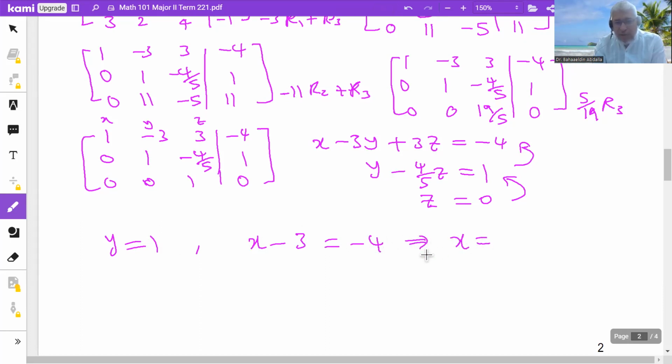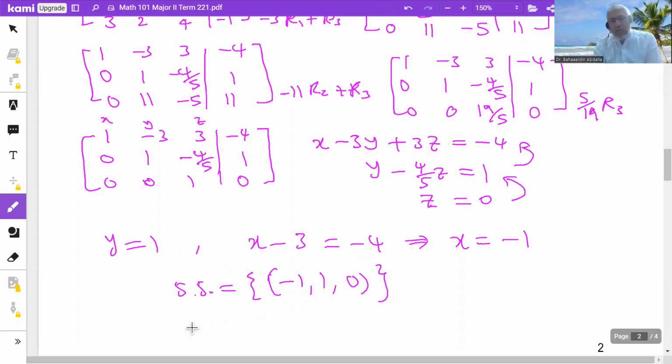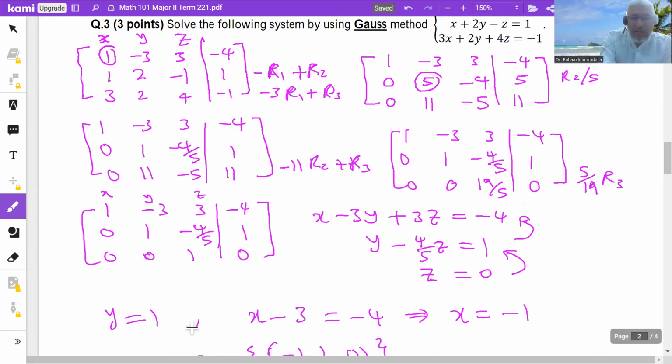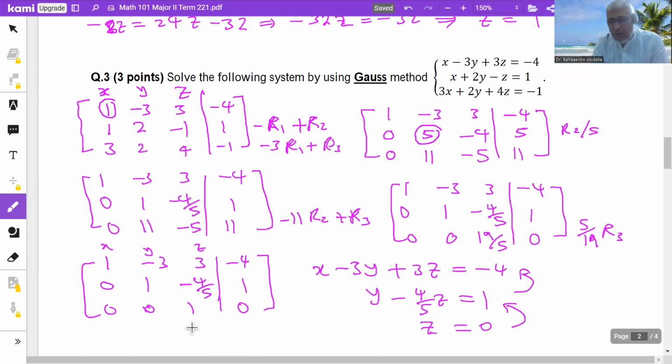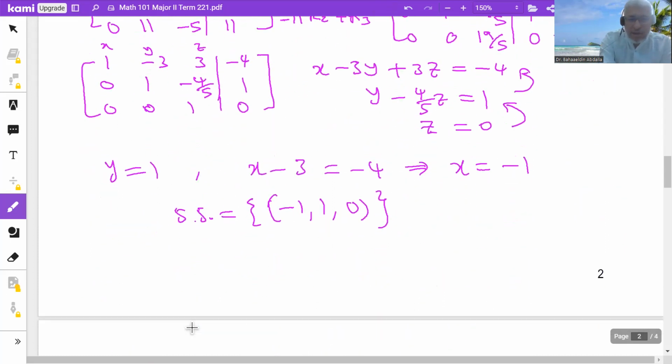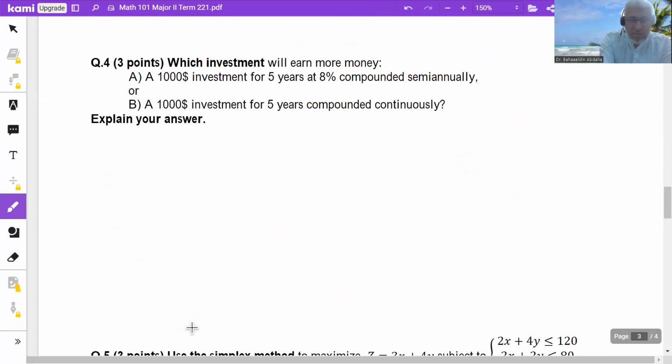And then x would be -4, take -3 to the other side, so -4 plus 3, that's -1. So the solution set of the system would be the point or the triple, x is -1, y is 1, z is 0. And you can solve this by the calculator, so you can put the system in the calculator and check that your answer is correct.